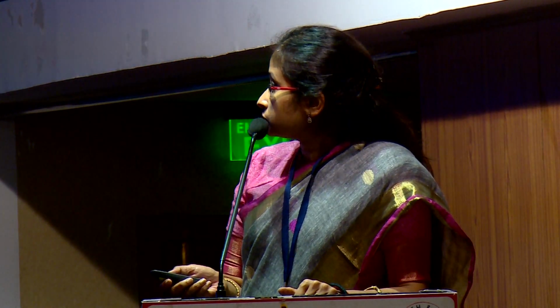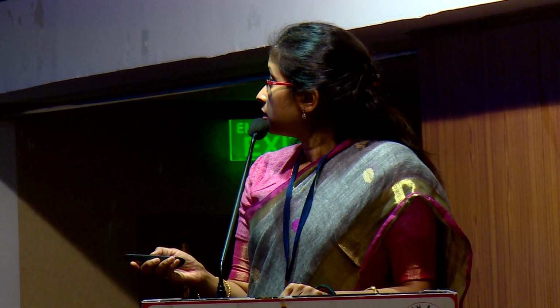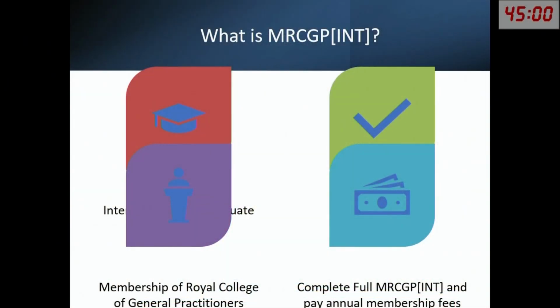So the objectives are what is MRCGP, why in India, how is it different from MRCGP UK, the components of the exam, how to prepare, and how the exam is conducted. Right. So basically, what is MRCGP International?